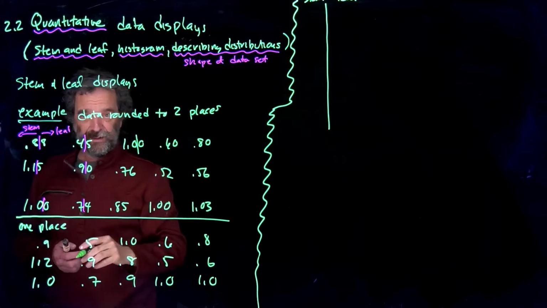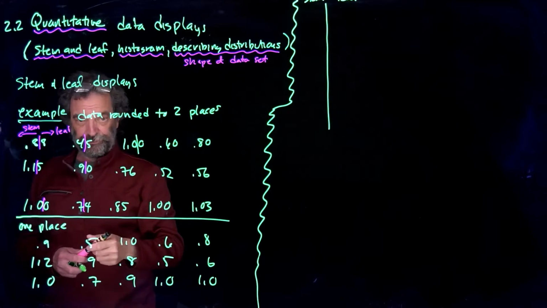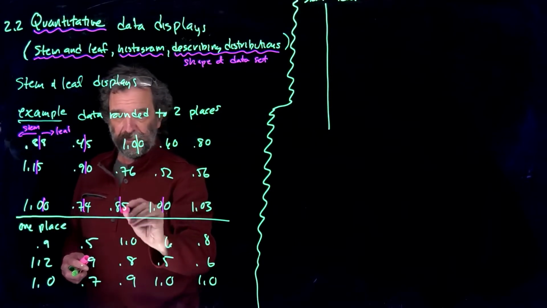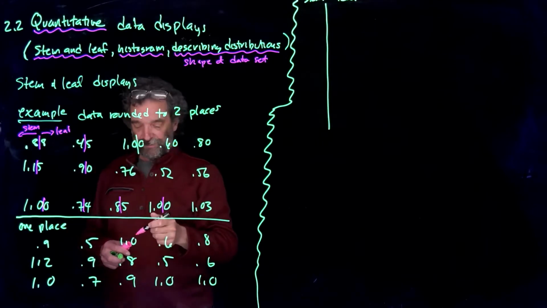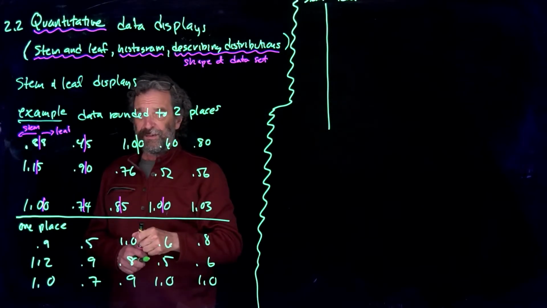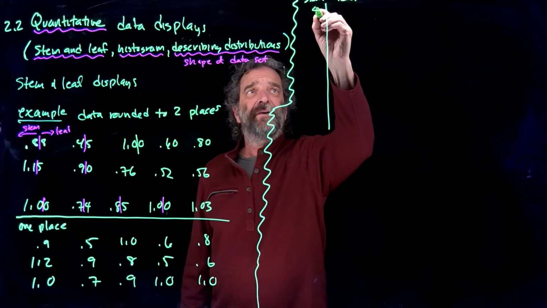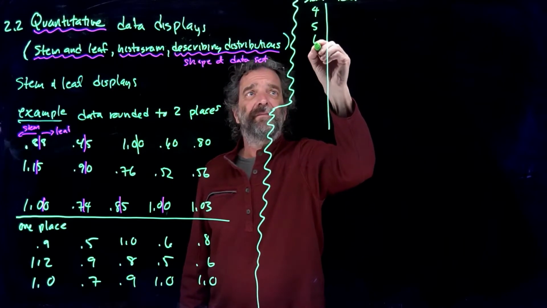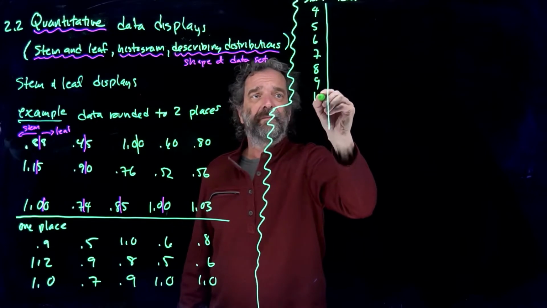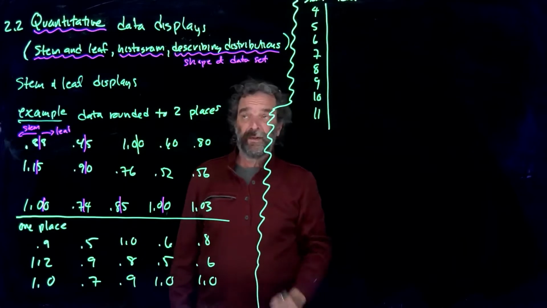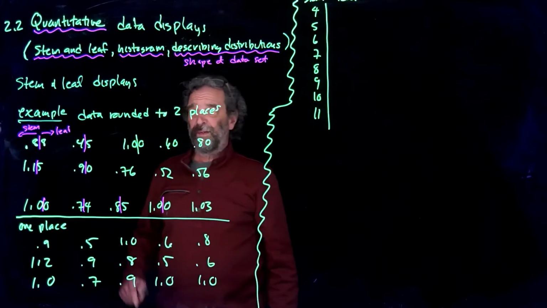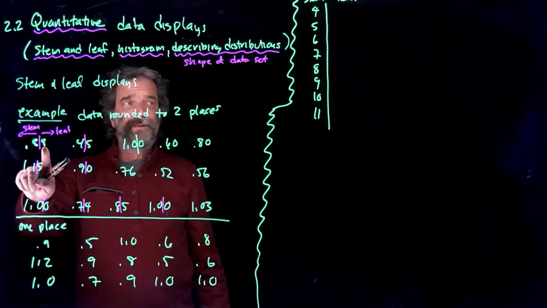Oh, colors should be changed, I suppose. Here they all are. So the smallest stem number is 4. The largest stem number is 11. So I'm going to put them here, and I go in increasing order. Like that. And then next to each stem number, I put its corresponding leaf.